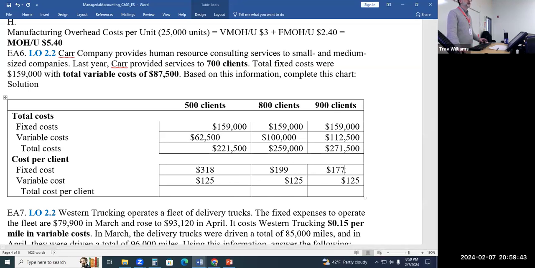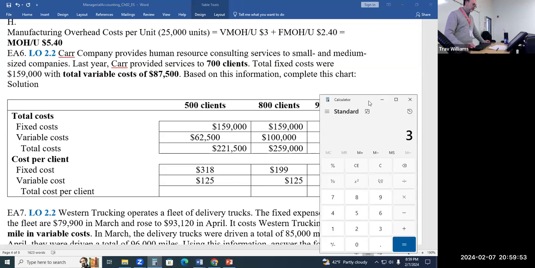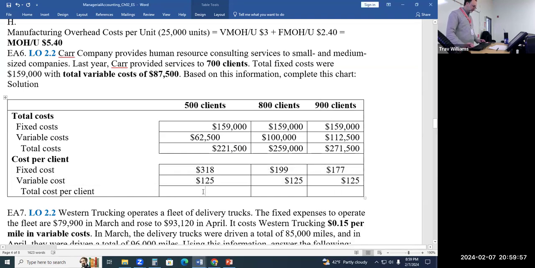Okay, and then how do we get a total cost per client? We add them, exactly. So we get 443 in the first column, 324, I believe, in the second column. Is that right? Yeah. And then $302 in the last column.